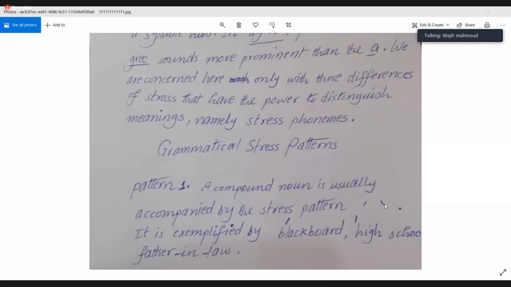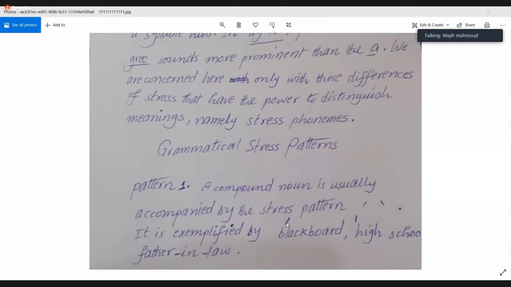A compound may be written as one word, as in blackboard. So it's not blackboard, blackboard. That's a compound. It receives stress on the first element, by the way.